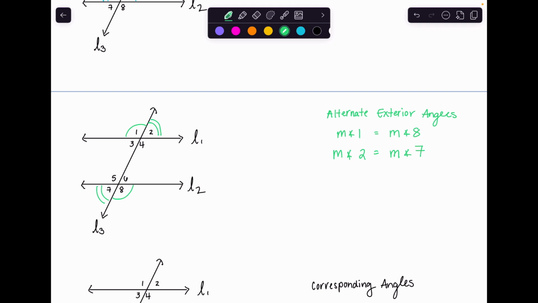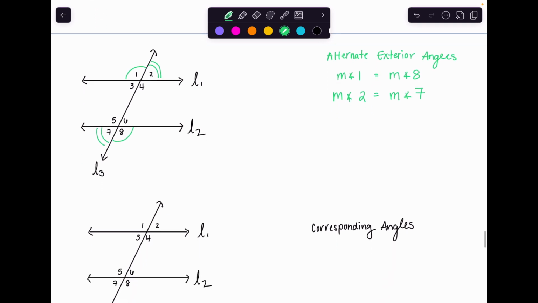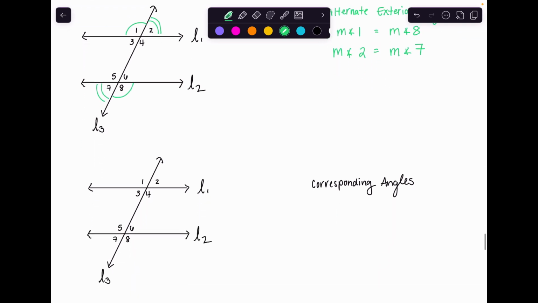Okay. And then our final type is corresponding angles because again, you can really just slide this line down right on top of the other. These four have to be exactly the same. So corresponding means 1 and 5 are in exactly the same position.